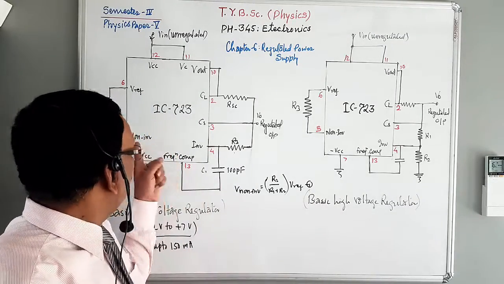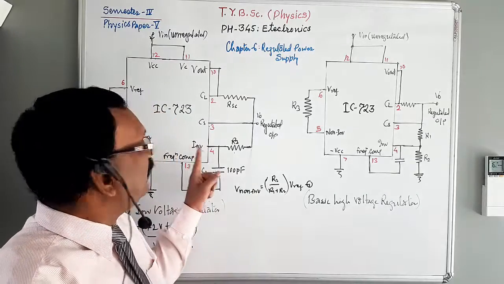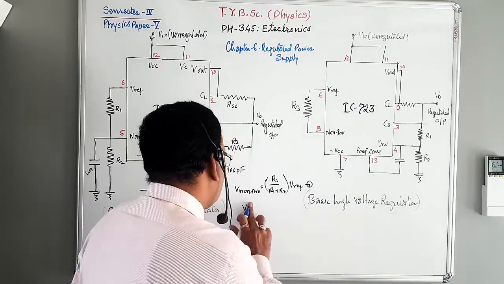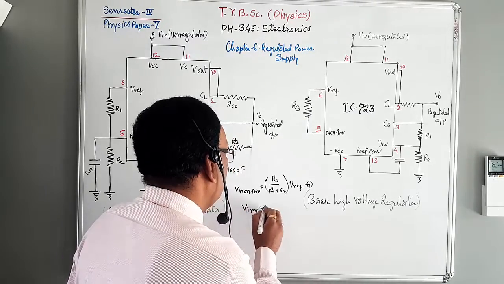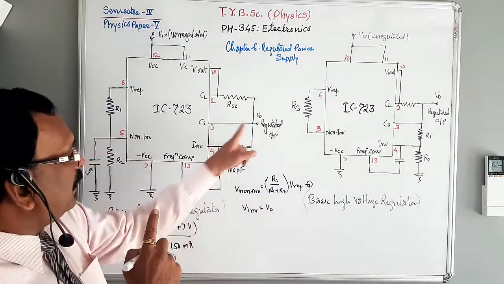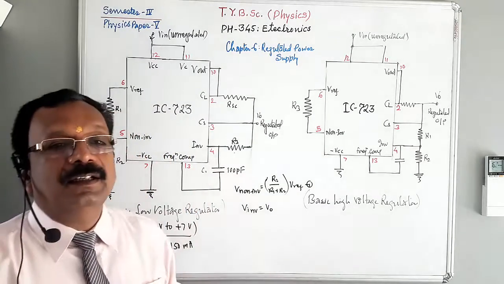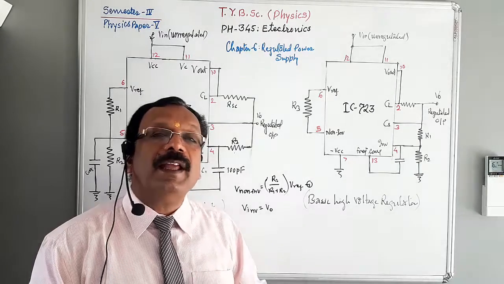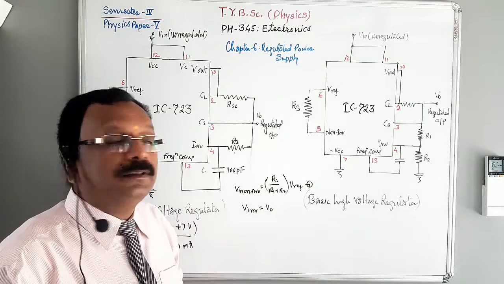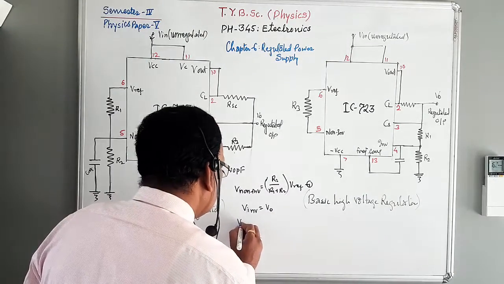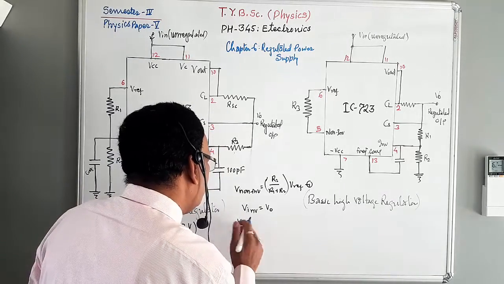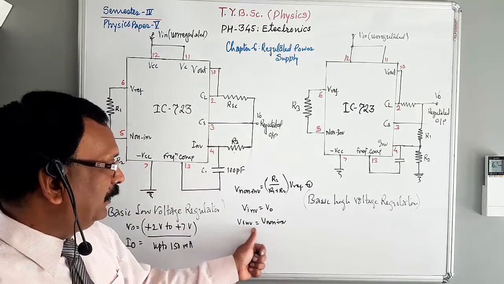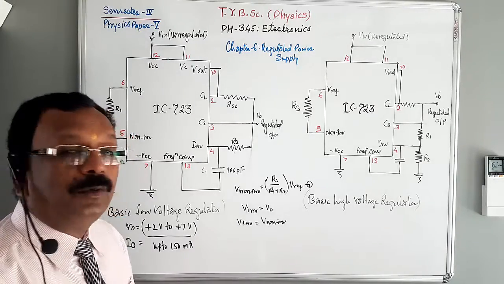Now, the voltage at the non-inverting terminal is compared with the voltage at the inverting terminal, and we get the desired output V0. Obviously, the output voltage is fed to the inverting terminal, so V inverting is equal to V0. But according to the built-in error amplifier, V inverting should be equal to V non-inverting.